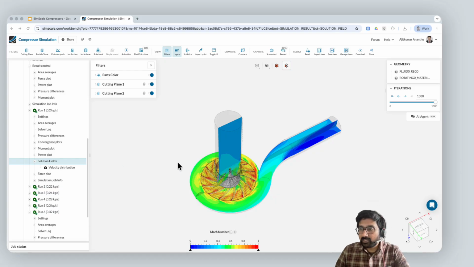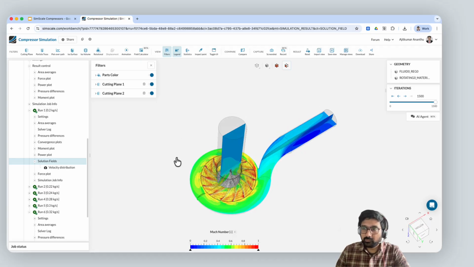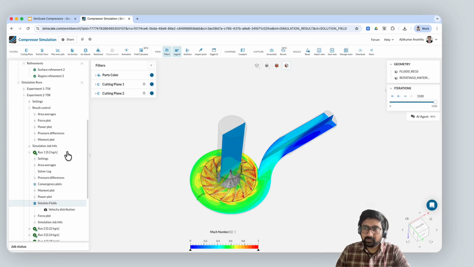Here we are looking at the Mach number plot within a compressor, which has a flow rate of about 0.2 kilograms per second. In this example, the compressor is rated from 70,000 RPM to 80,000 RPM, and we are looking at the results of a 70,000 RPM case.